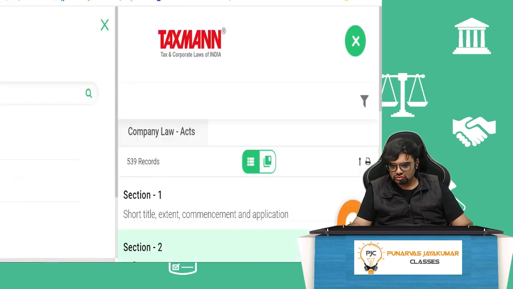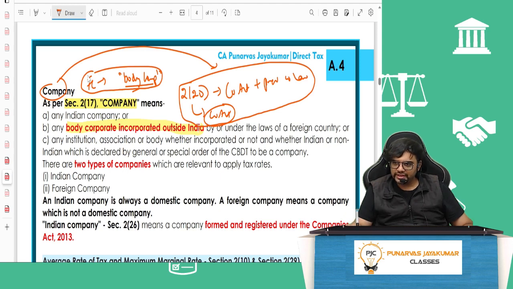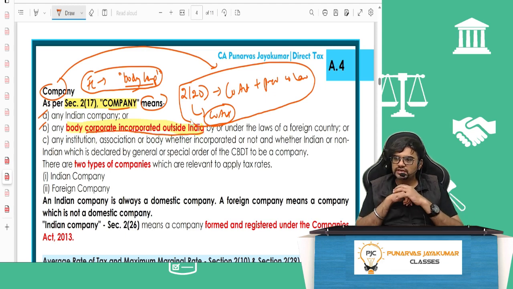So as far as company in Companies Act is concerned, it only talks about Indian companies. Foreign companies under the Companies Act are what? Body corporate. But for income tax purposes, company means not only an Indian company, but also a body corporate incorporated outside India.